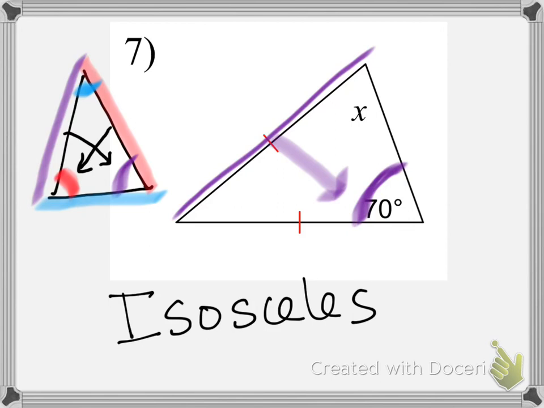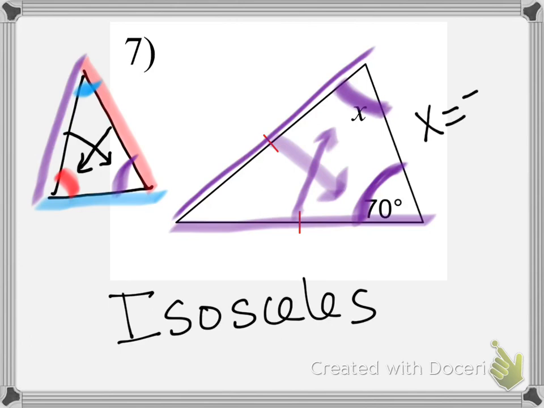Now I have another side which is also congruent to that same side, so if I go across, that angle is also going to be the same as the other angle down here. So x has to equal 70 because the two sides are congruent. That means the two angles are also going to be congruent.